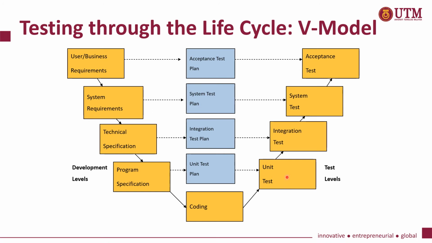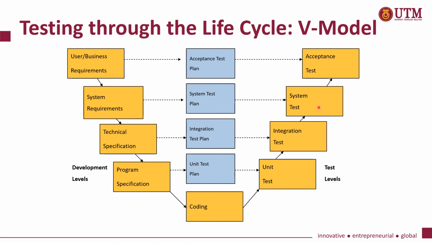And unit testing verifies that the smallest entity can function correctly when isolated from the rest of the code or units. The next level is the integration test, which checks if a group of units or components interact in the same way that is specified by the technical specification.